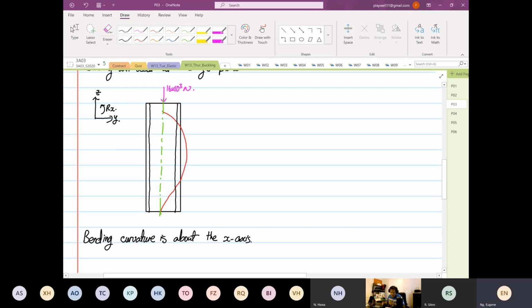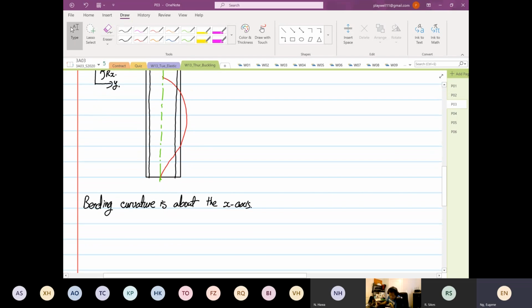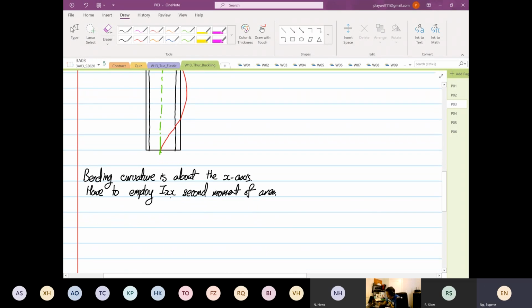When the bending curvature is about the x-axis, we have to employ Ixx, the second moment of area. Why apply Ixx?